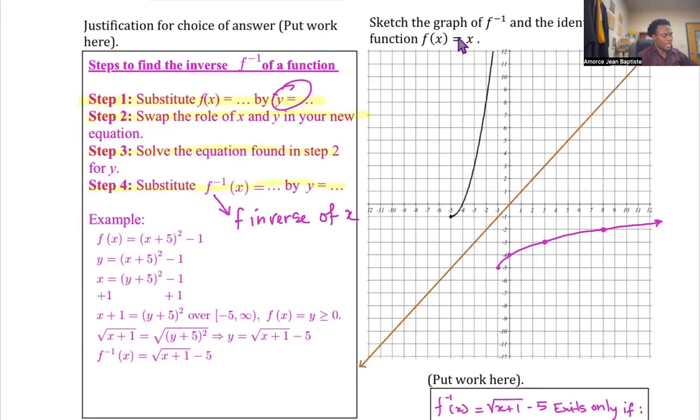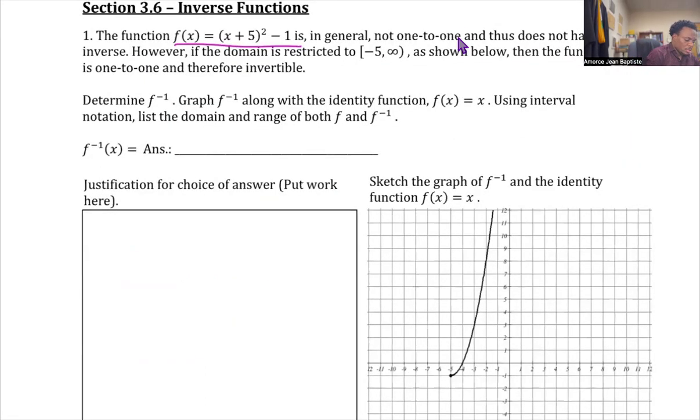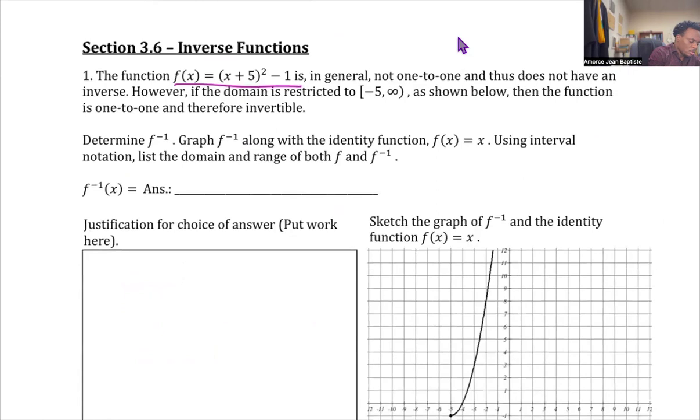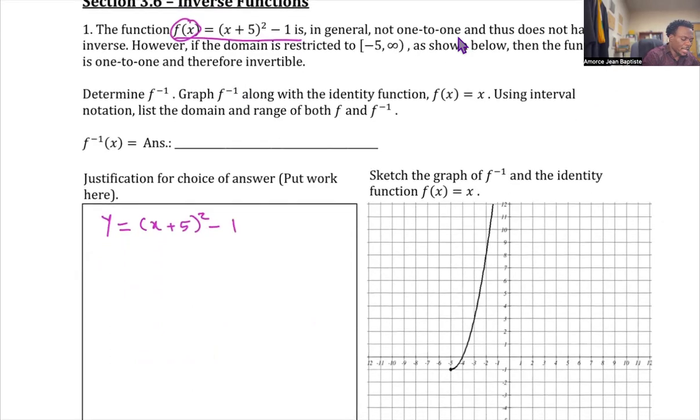Now let's go ahead and do this. Step one, we replace f of x by y. So that's y equals (x plus 5) squared minus 1. Next step, we exchange x and y.